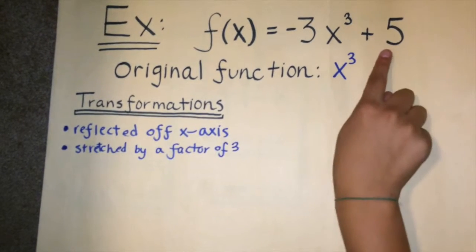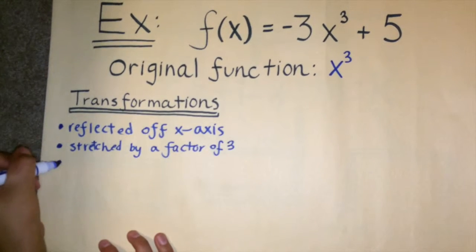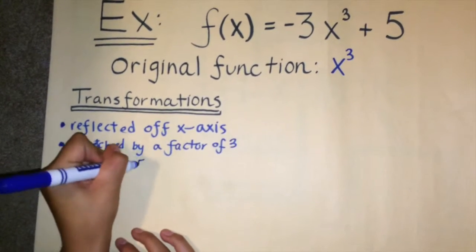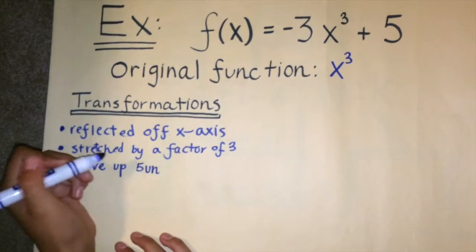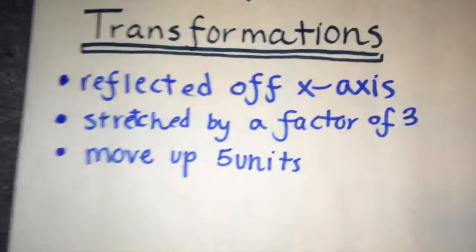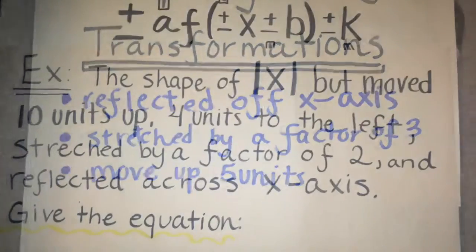K is equal to positive 5, which means that the function will move up 5 units. These are all the transformations of this function.